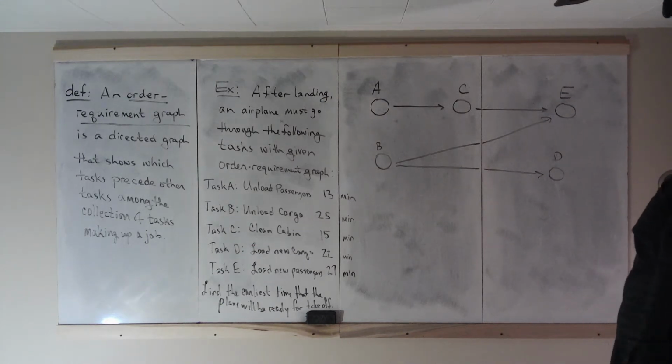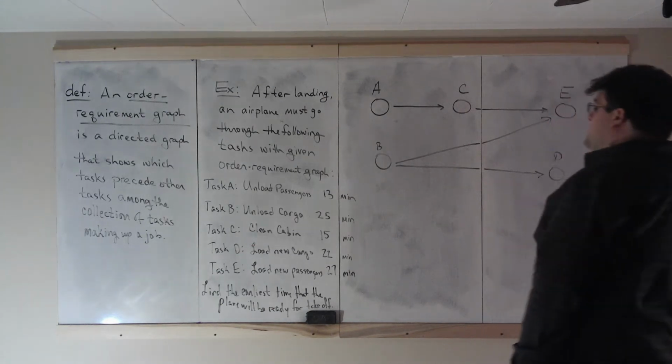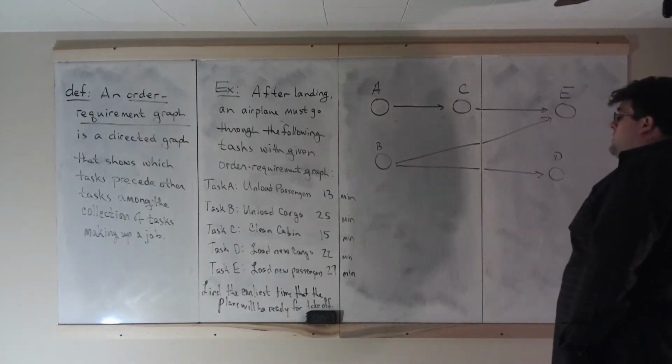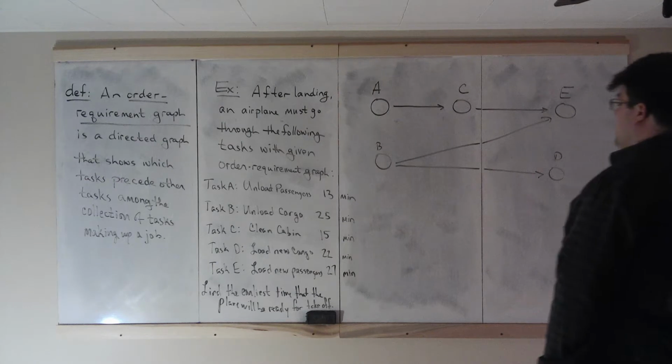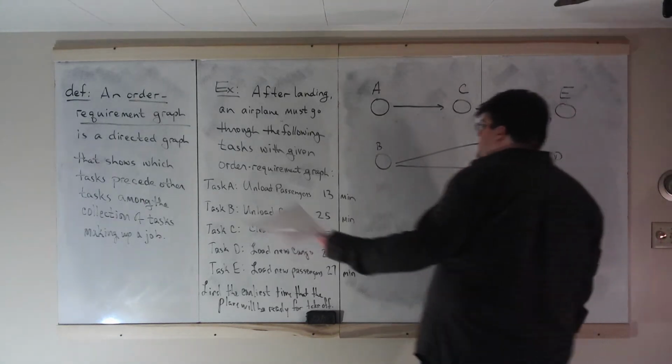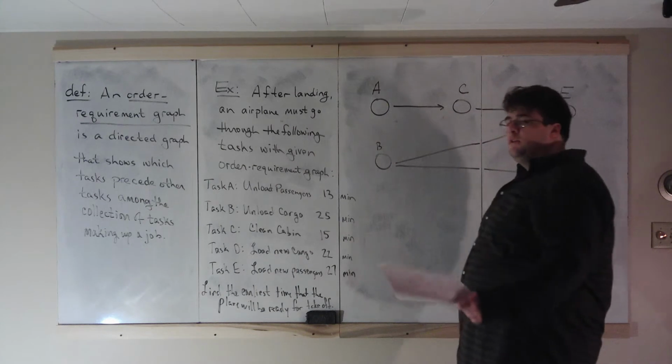Task C, clean cabin, takes 15 minutes. Task D, load new cargo, takes 22 minutes. Task E, load new passengers, takes 27 minutes. Our goal is to find the earliest time that the plane will be ready for takeoff. So after it lands, how long will it take before it's ready to leave again?